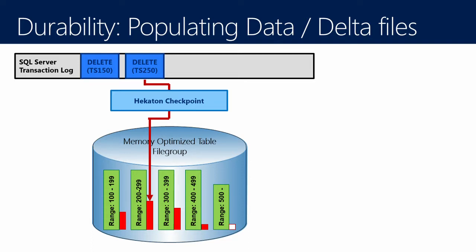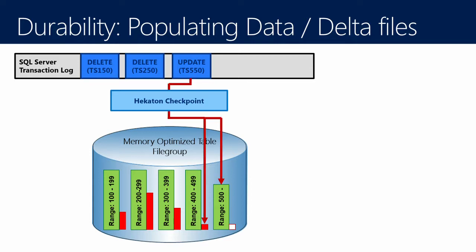And again, you'll notice after the arrow disappears, the delta file increases. Okay? And then again, we might have an update. So an update is really what? An insert and a delete combination. So we delete the old version and insert the new version of the record. So this over here represents the old, this over here represents the new. Okay? So this is basically what's happening in the background. And then we might have an insert.